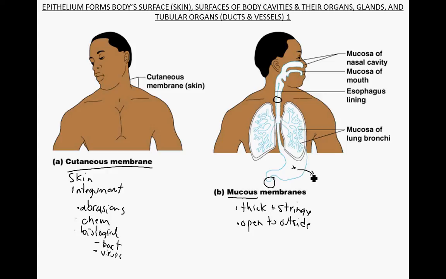And so the lining of those cavities by mucous membranes, the mucous membranes again are open to the outside world. So not only respiratory and digestive, but reproductive and urinary as well, are mucous membranes.